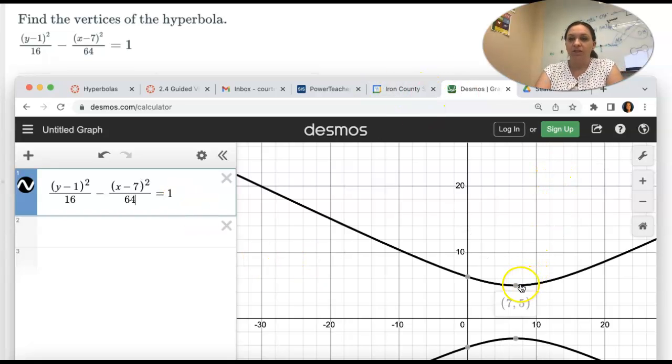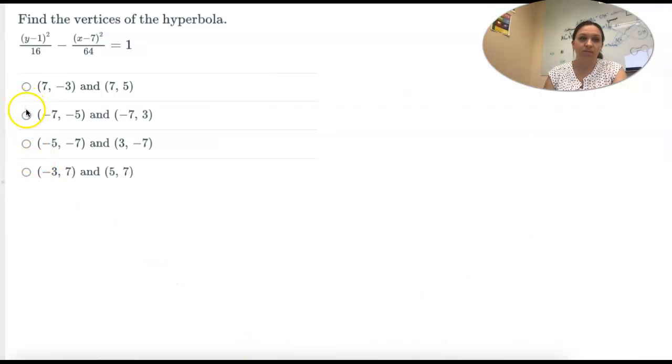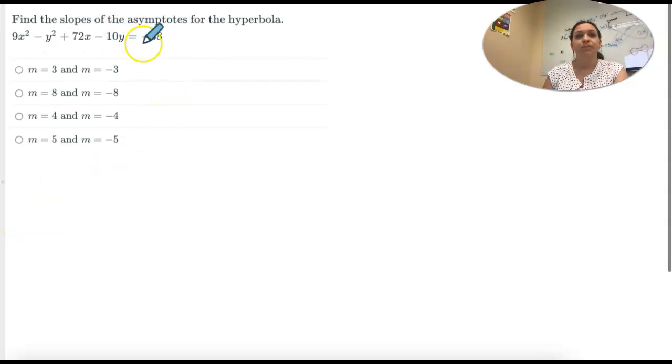So the vertices are on each hyperbola, where they're getting a minimum or maximum. So (7, 5) and (7, -3). It's a point. Those are our vertices. So for this one, we can just see them from the graph. If you want to solve it out and find it, you can, but you don't have to.